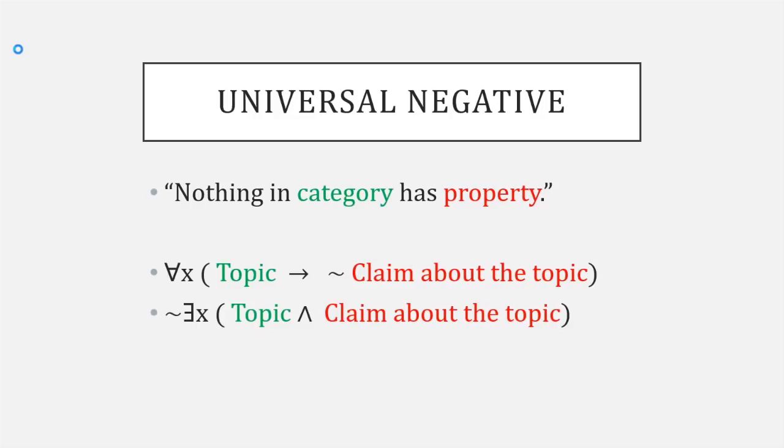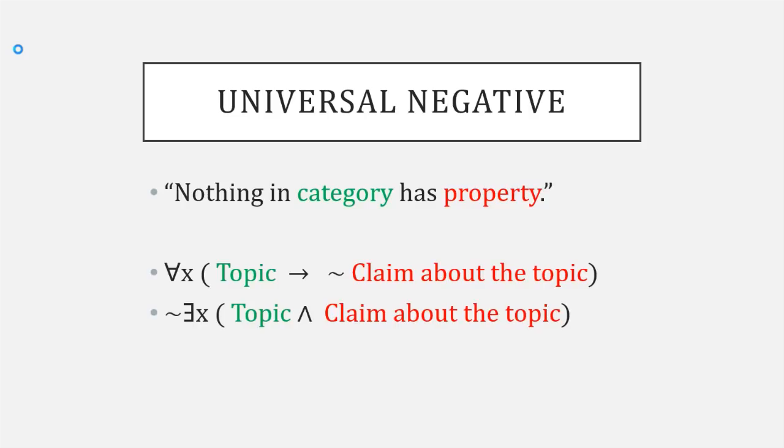Okay, so enough for universal positive, so let's do universal negative. Nothing in the category has the property. Here's 2 ways to symbolize that. You could say, so we've still got the same topic and then claim structure, but we're saying of everything in this topic, everything in this category, they all fail to have this property.